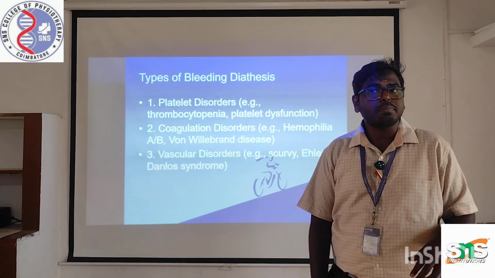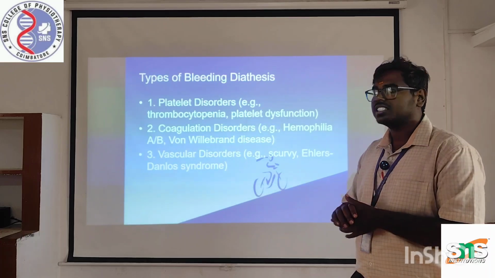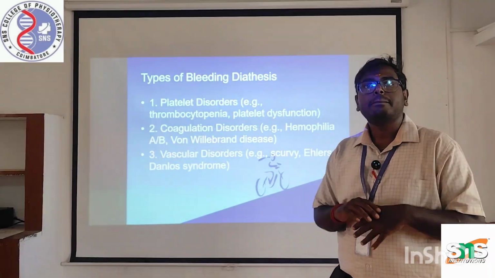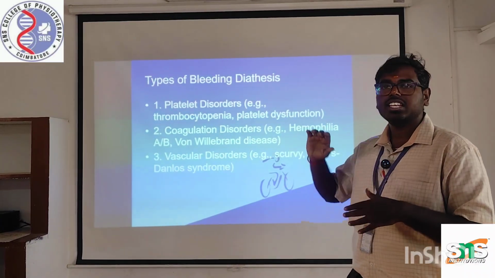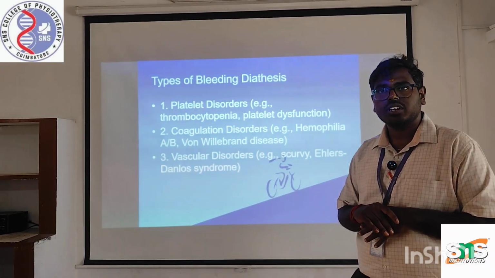So what are the types of bleeding diathesis? Generally, bleeding diathesis comprises three types. The first is platelet disorders, the second is coagulation disorders, and the third is vascular disorders.